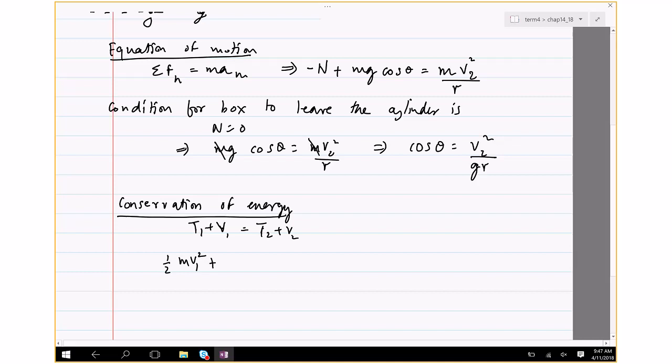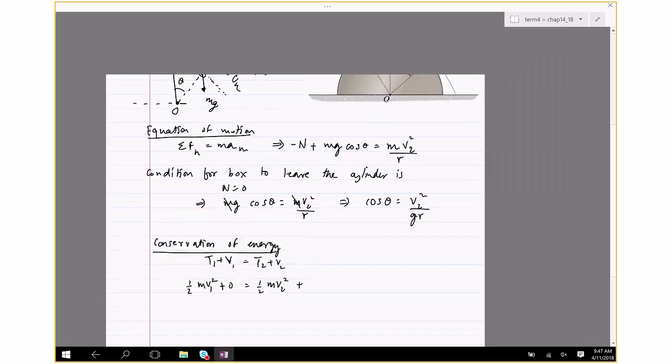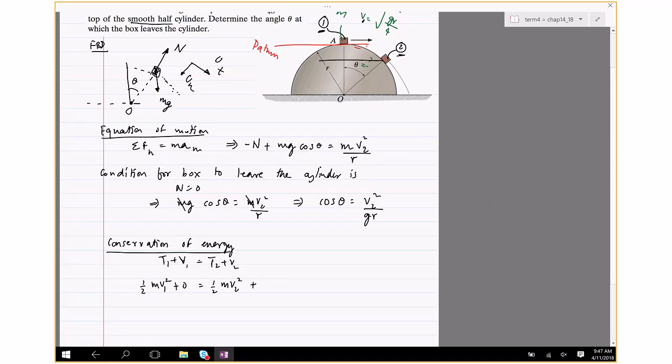The potential at 1 is 0 because the datum is at 1. Then half m v2 square, plus we need to find the change in potential due to going from 1 to 2, so delta H. So mg delta H, is it positive or negative sign?